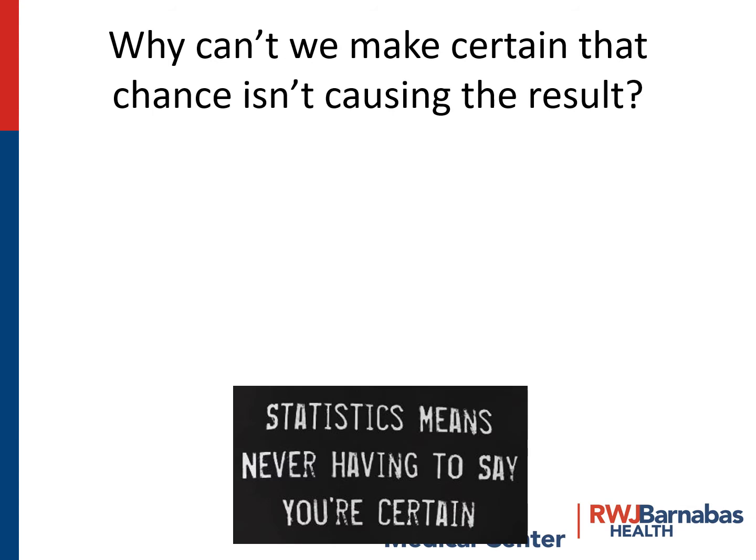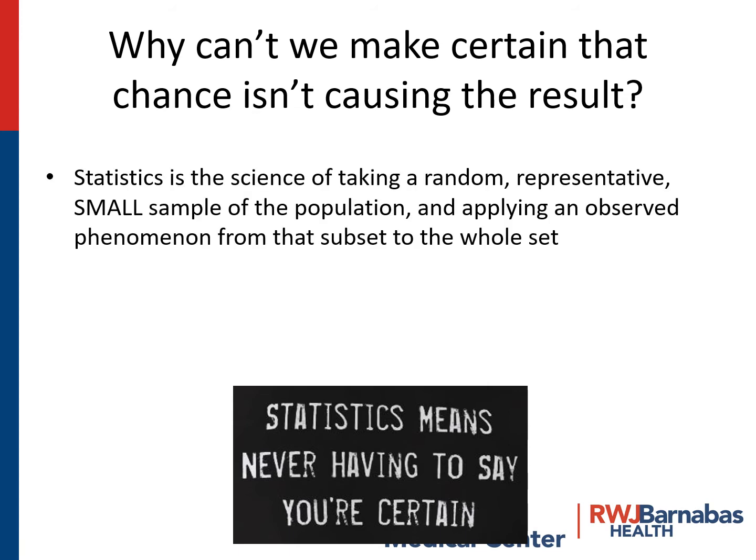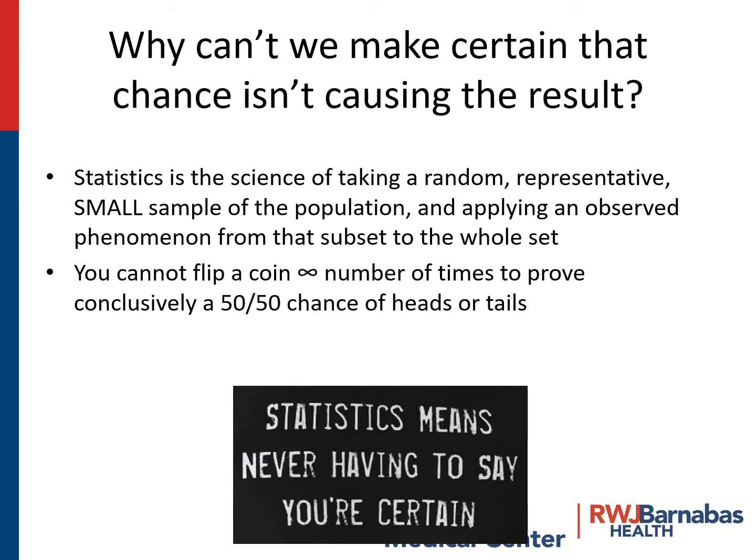So why can't we be certain that chance isn't causing the result? Statistics is the science of taking a small representative population and applying an observed phenomenon from the subset to the whole set. Basically, you extrapolate, but it depends on how representative it is and how big your sample size is.